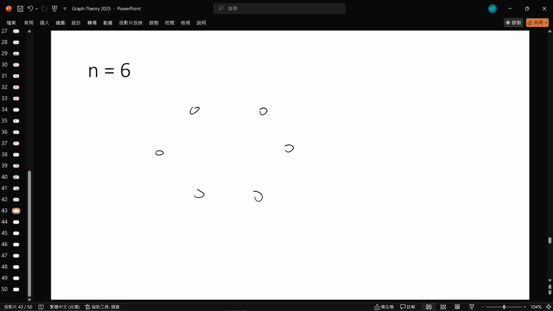Raise your hand if you have a triangle-free graph that has 6 vertices, and we'll see who has the most number of edges. If you draw a triangle-free graph, tell us how many edges you have. Let's see who has the most edges.